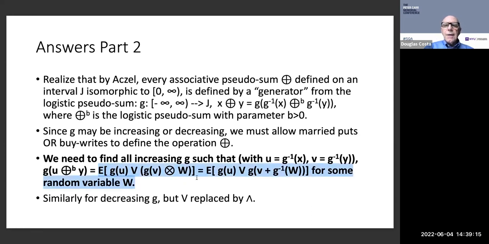We can ask, given a generator, or what are all the generators for which there actually exist distributions W, random variables W, for which this pseudo product defined by the generator is the expectation of a married put in this sense. And for decreasing generators, we have to replace the max by the min, and then they become covered calls.